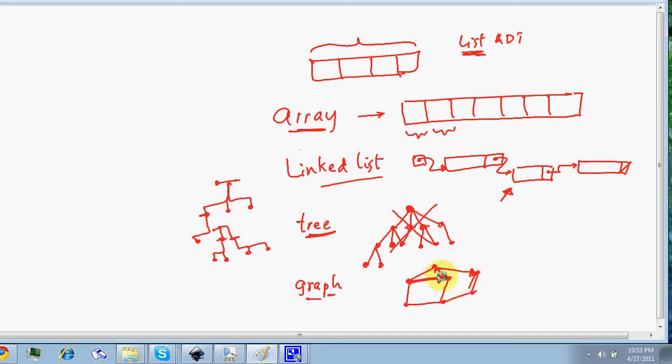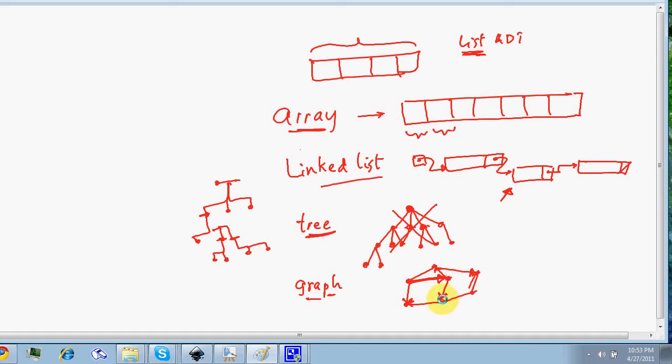And then because of the directions, there is a concept of flow, right? So you go from here to here, and then here to here, and then if you go from here to here, then this is a cycle. So it's a cyclic graph. And if instead of going from here to here, you go from here to here, so you can see there is no cycle here.